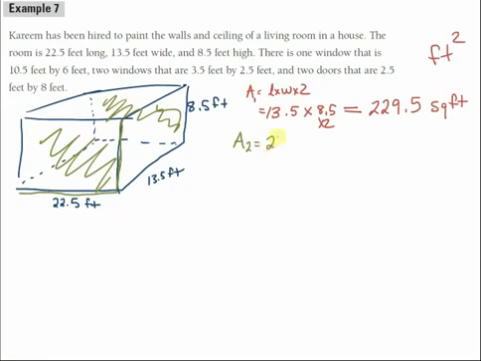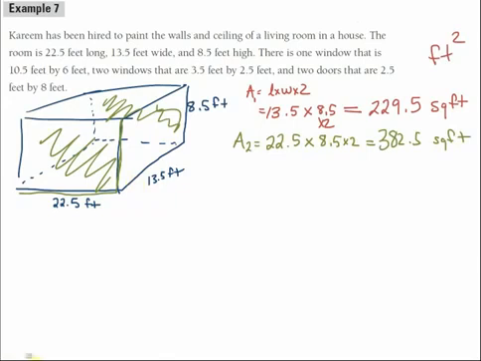So we have 22.5 times 8.5 times 2, which is 382.5. And we'll use that SQFT just because.